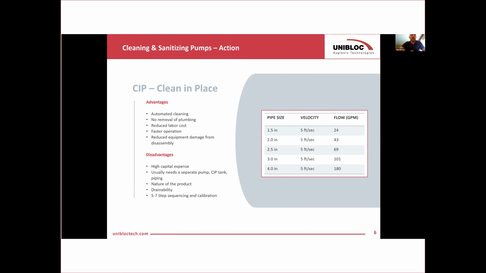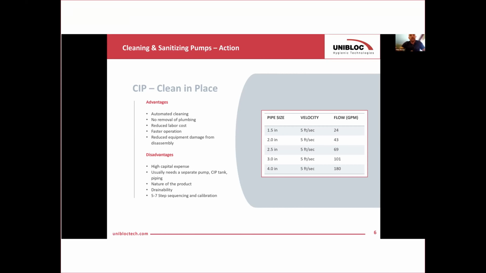You have about 5 to 7 steps in the sequencing, and you have to make sure all the equipment is calibrated to perform what it is intended to do. In the CIP world, there is a rule of thumb for the velocity required to clean out the equipment, pumps and pipes. That rule of thumb is 5 feet per second in the pipe.